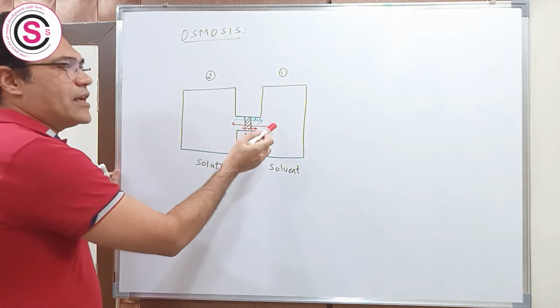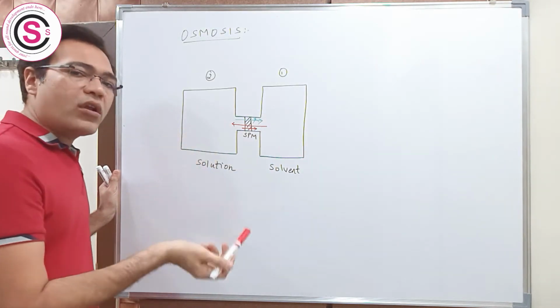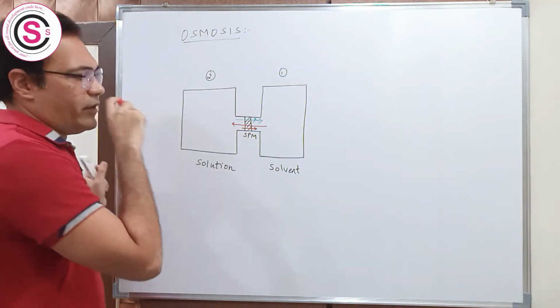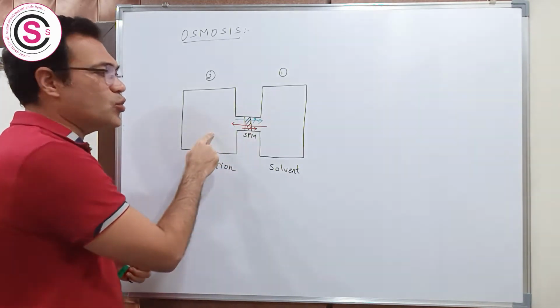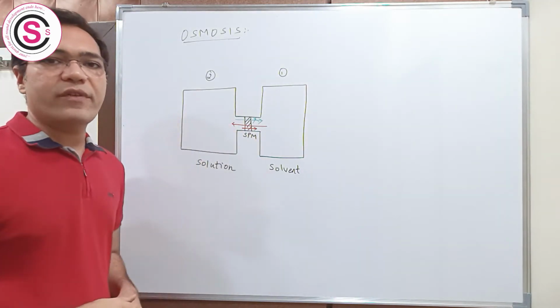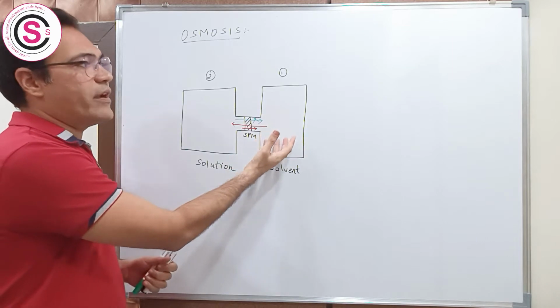Solvent molecules will pass from container 1 to container 2, and they may also pass from container 2 to container 1. But the passage of solvent molecules from 1 to 2 will be much higher compared to the opposite movement. Why is it so? Because here the amount of solvent is more.